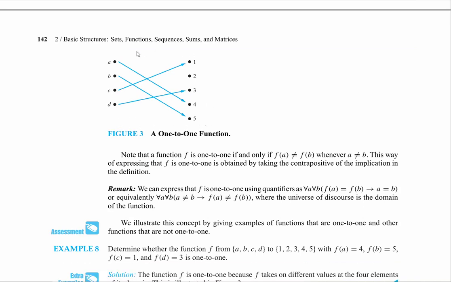All right, so more pictures. We can see this function is one-to-one because we don't have two or more arrows pointing to the same element in the codomain. So this function is one-to-one. It's not onto. 2 is missing in the range.